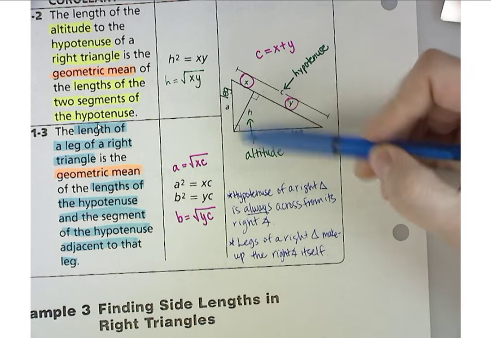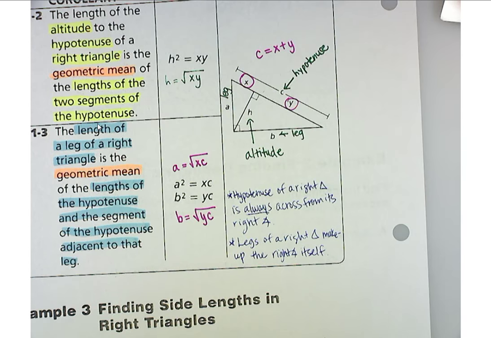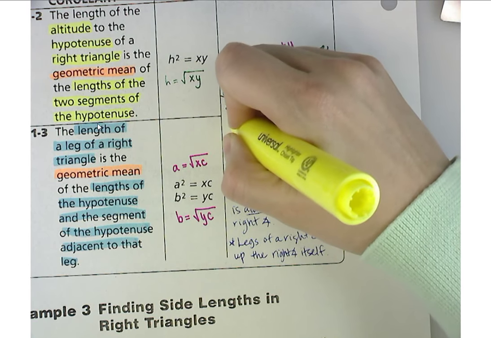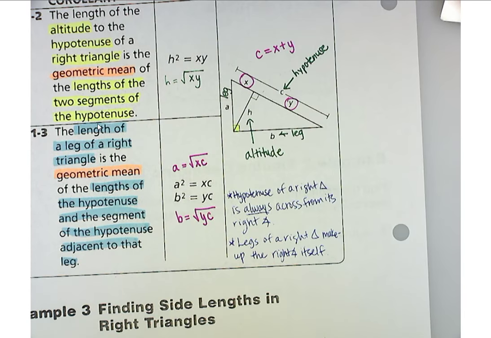So here's my right angle, and I can see that A and B are constructing that right angle.